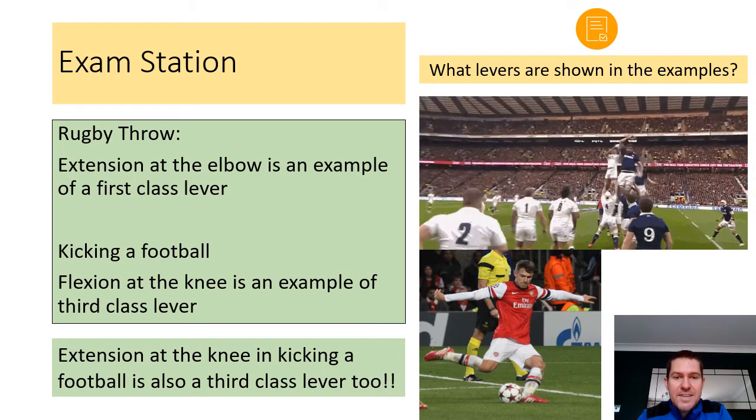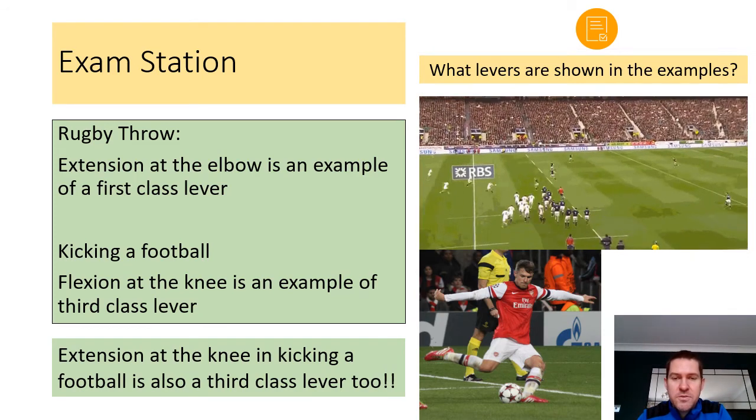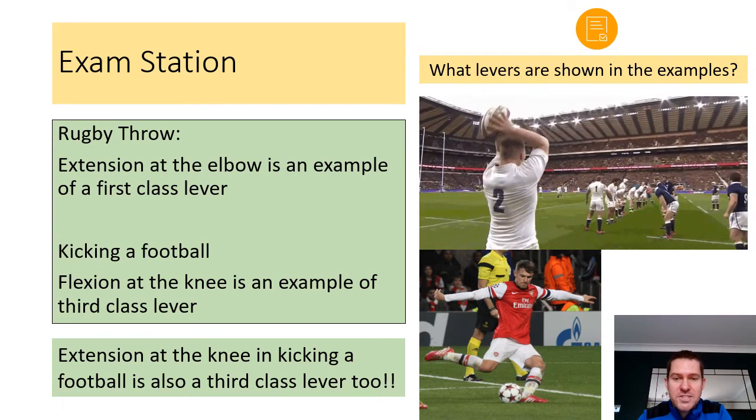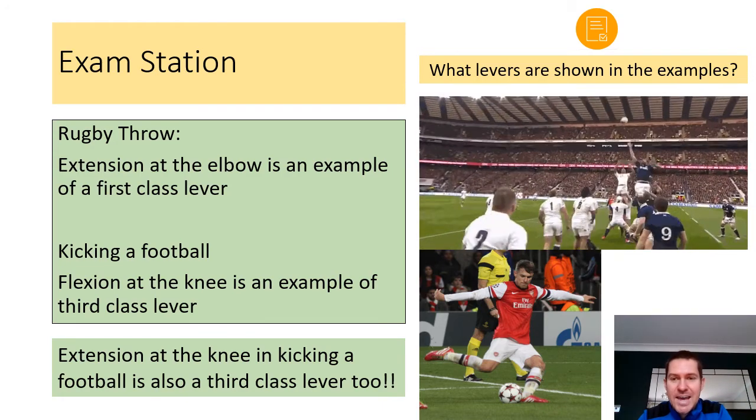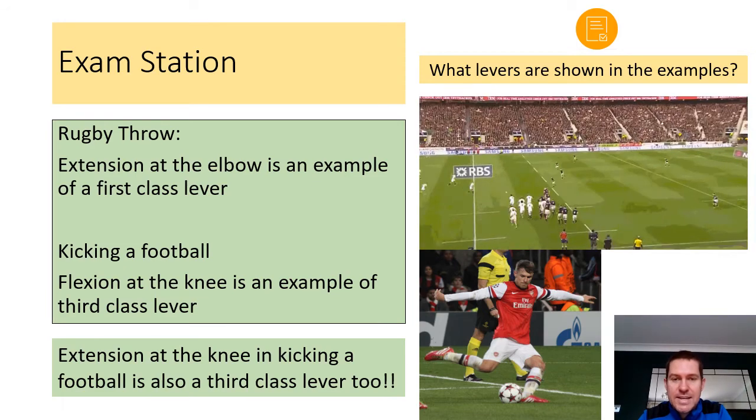Again, when we look at the extension, so if you try to do the third task as well, so him actually extending and kicking the ball as well, this will also be seen as a third class lever.